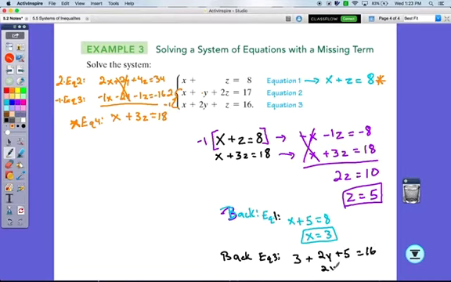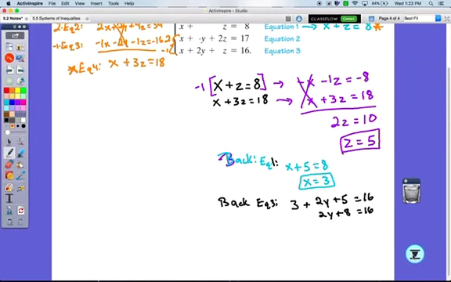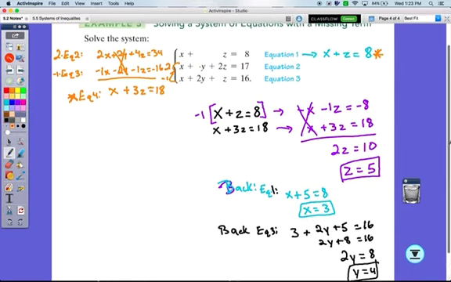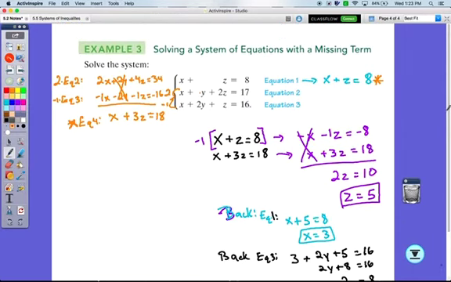That gives me 2y plus 8, when I combine like terms, is equal to 16. Subtract the 8. 2y is equal to 8. And then divide by the 2. 16 minus 8 was 8. And so if I divide the 2, y is equal to 4. So if I've done this correctly, I've got x is 3, y is 4, z is 5.